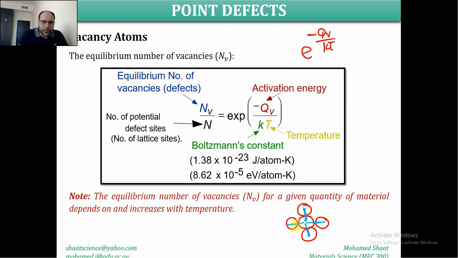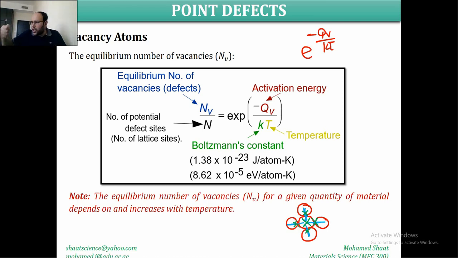So if you are interested in removing one of these atoms, we have to break these bonds first. To remove this atom, we have to break this bond, this bond, this bond, and this one, then we can remove the atom. To break the bond, you should exert some energy.